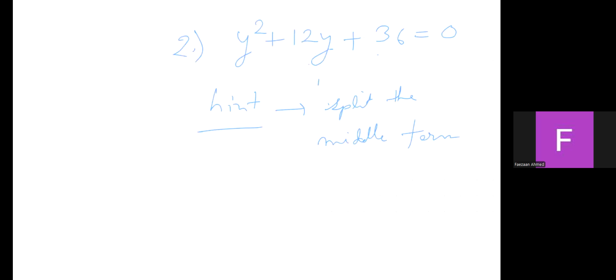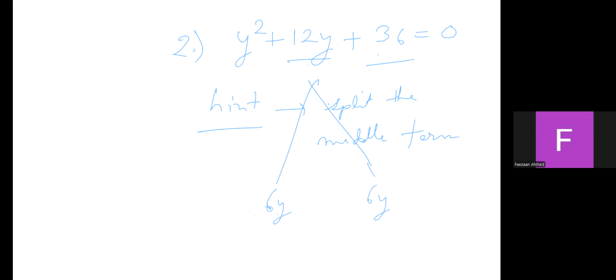I have to split them into two terms such that when I add them, I get this only. But also when I multiply the coefficients, I should get this. And let's see what happens if I do it in the form of 6y and 6y, because 6 into 6 gives me 36. And also when I add 6y and 6y, I end up getting 12y.